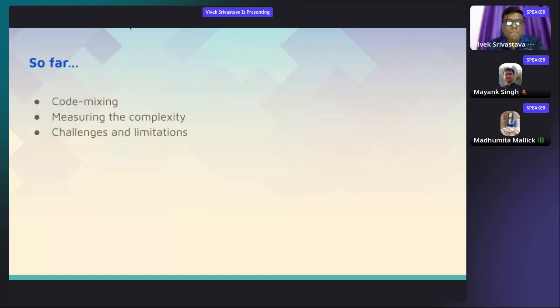Okay, there are two questions actually. One is, how about code mix with different scripts, like English with Devanagari script for Hindi? What do we want to do? Do we want to compute CMI and all these scores? I think that will be problematic.